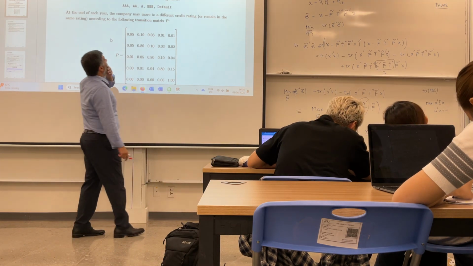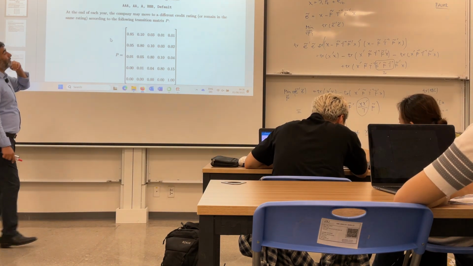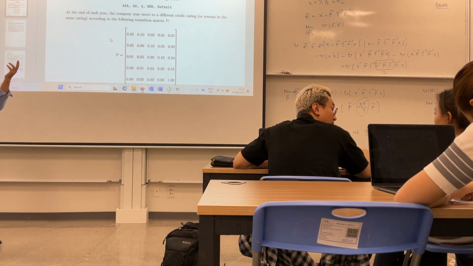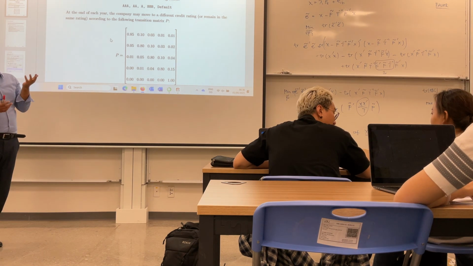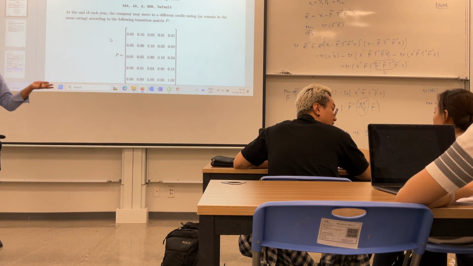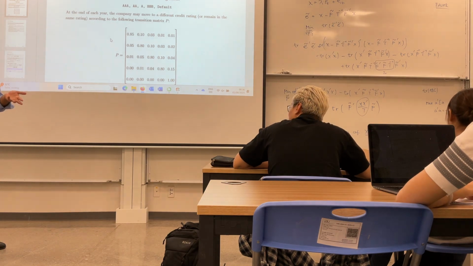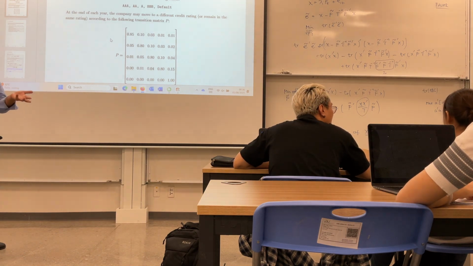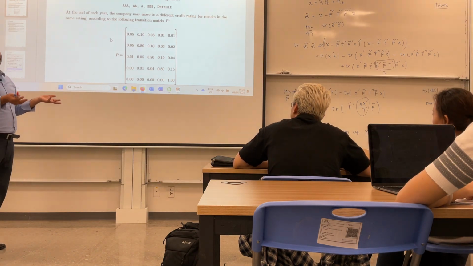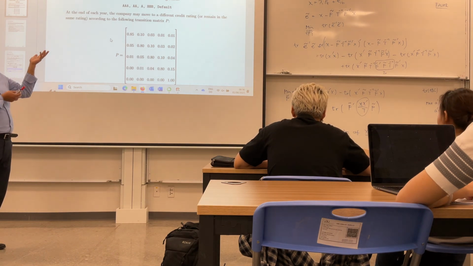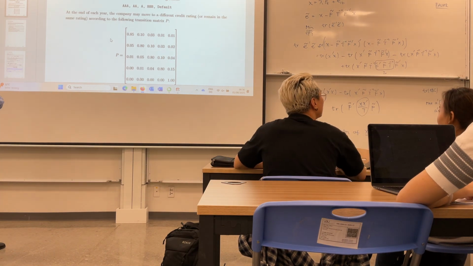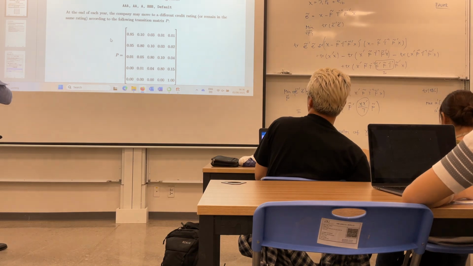Companies, for a long period of time, let's say you have a triple A, but after some time it may change and become a double A. So maybe you have a double B or a B, and then you default after some time, right?